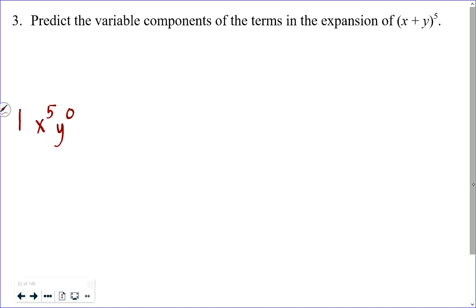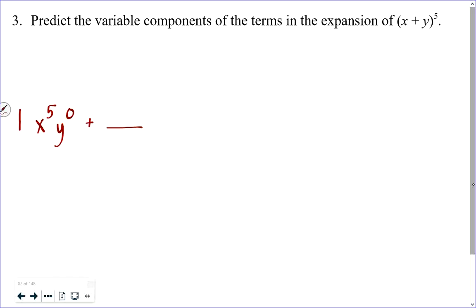Hopefully you've discovered by looking at that table that the coefficient of the first term in x plus y to the n is 1. And then it's just a matter of saying plus. Now, based on the size of my writing, I have to space things out. I know there's going to be 6 terms because n is 5.